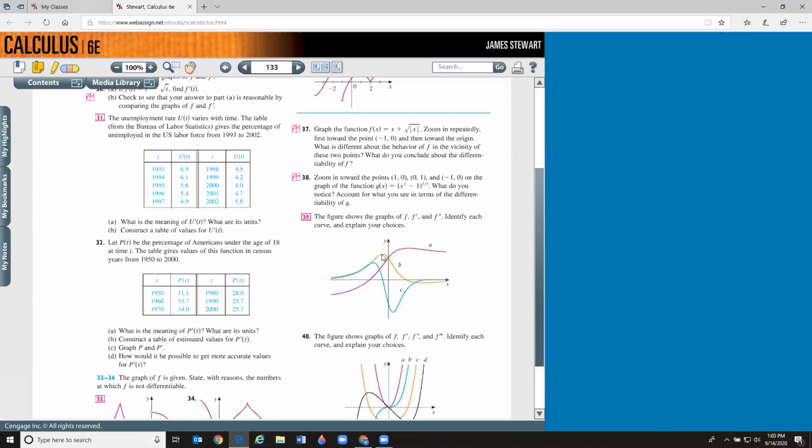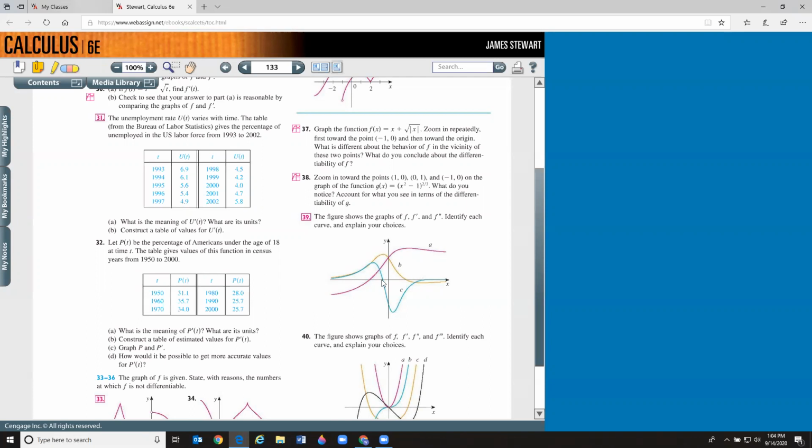That means that if the derivative of B is here, it has to equal zero. And if you therefore come straight down to the x-axis, you see C hits zero directly underneath that P. Therefore, C is the derivative of B.